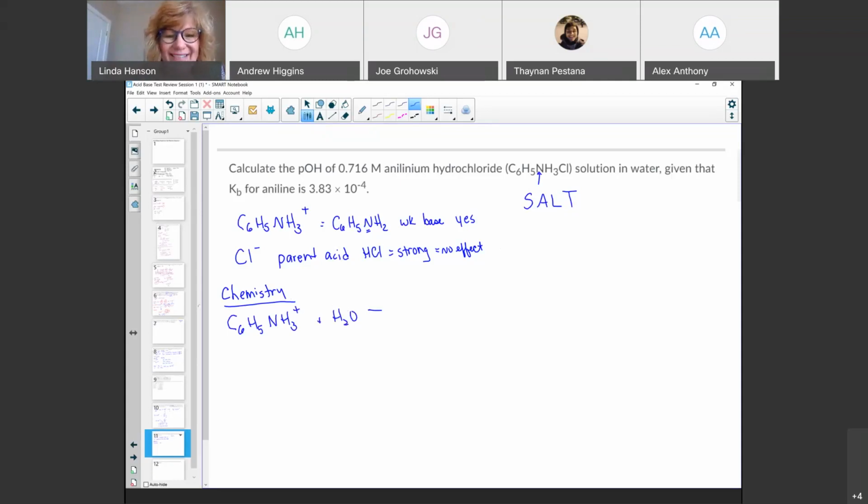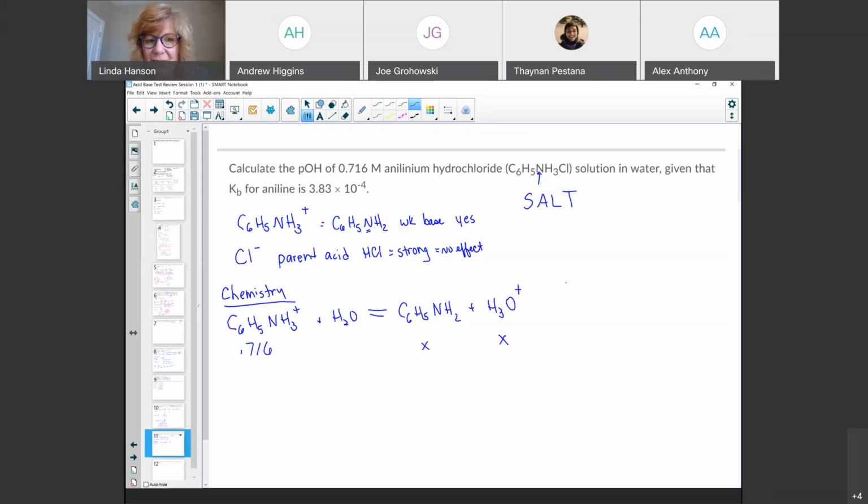It'll form its conjugate base, and it will make the solution acidic, H3O plus. So it's a proton transfer from the conjugate pairs. At the beginning, we have a 0.716 aniline hydrochloride solution. Let's let the value of the two ions be X.